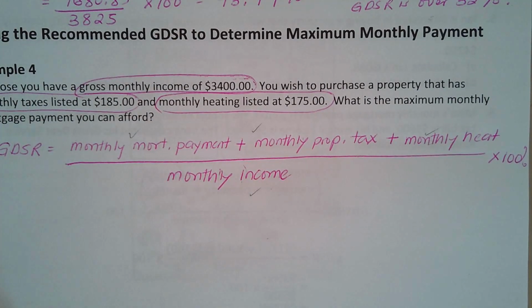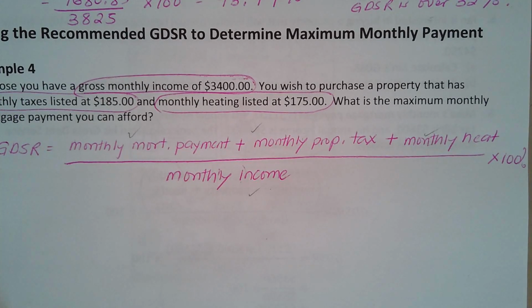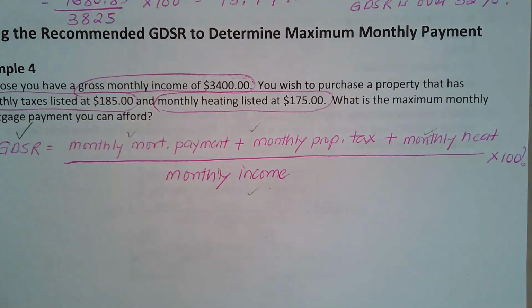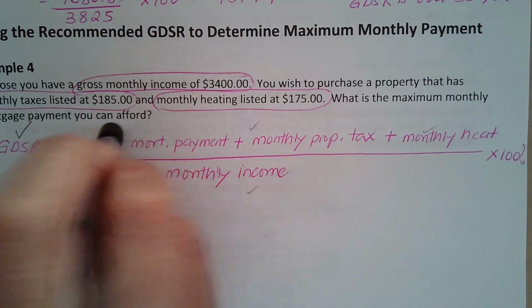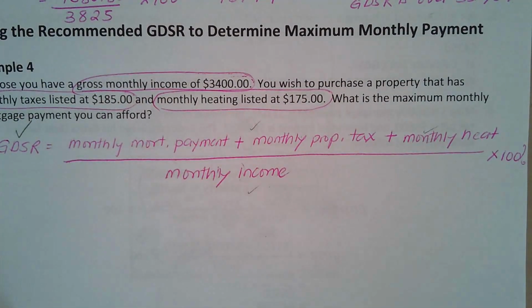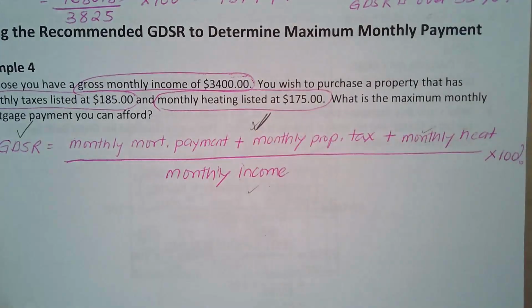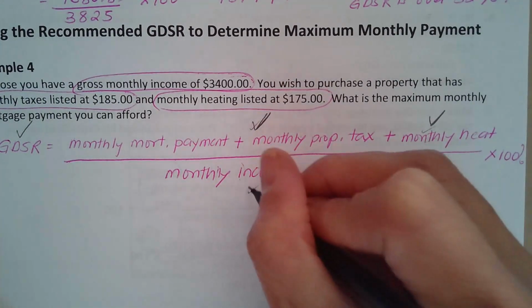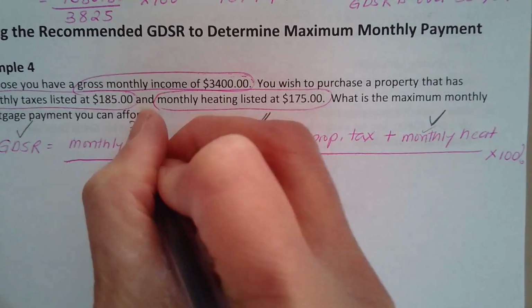Crunch up the numbers, we got our percent. Now, this is what I call a backwards question, because what's given now is the GDSR. We're not given the monthly mortgage payment, we're given the monthly property tax, the monthly heat, the income. And then this is what's missing.